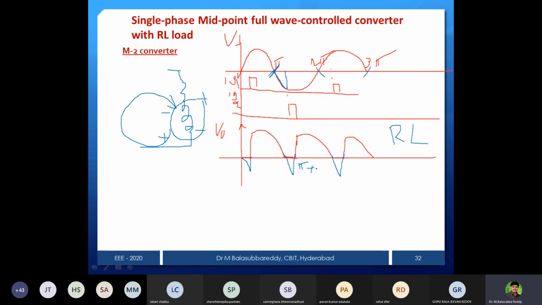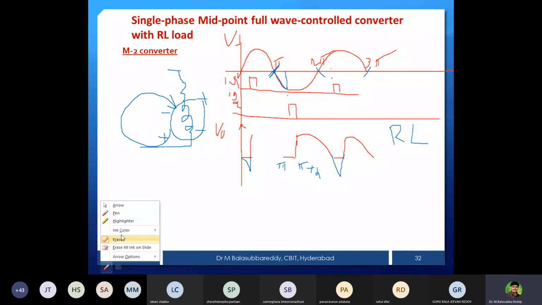This instant I call pi plus alpha. This is pi. That means if the circuit inductor is large, it will continue to conduct up to pi plus alpha. But in the same circuit, if the inductor value is small, what will happen?